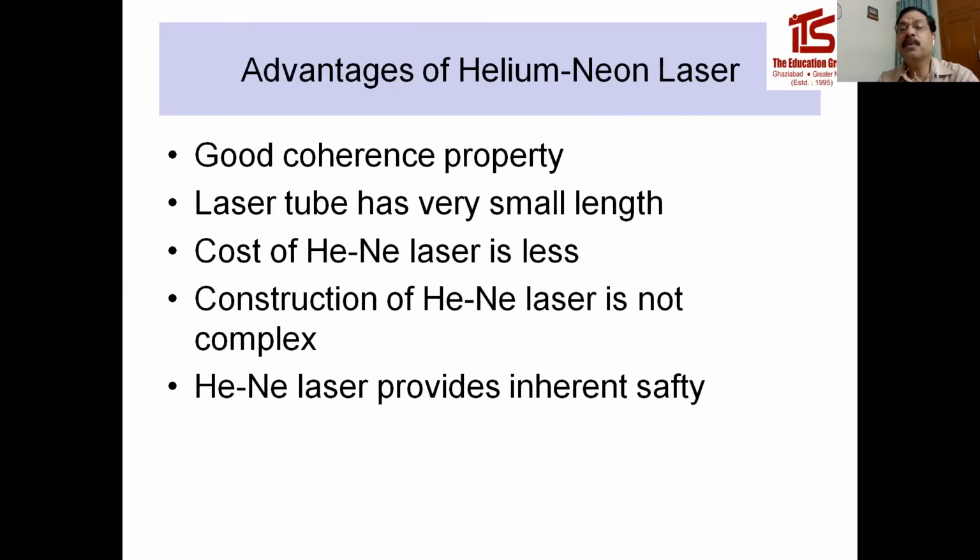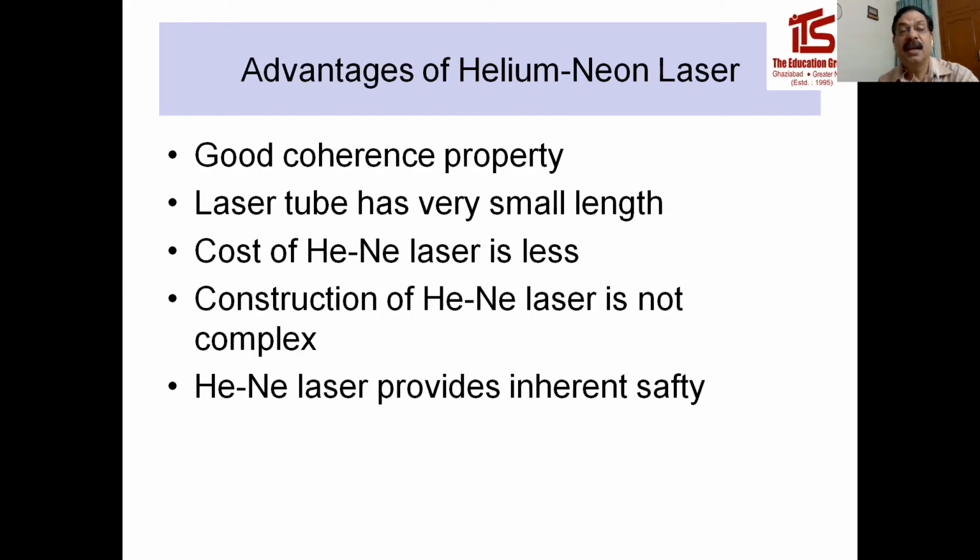Now, the question is, what are the advantages of helium neon laser? First, helium neon laser has very good coherence property. Second, the laser tube has a very small length, approximately from 10 to 100 centimeter, and a lifetime of 20,000 hours.